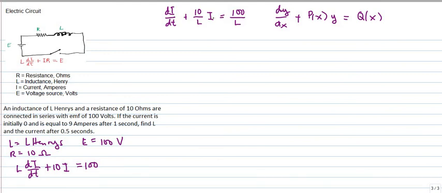Instead of y, we have I, instead of p of x, we have 10 over L, and our q of x is 100 over L. Since it follows this form, we're going to find our integrating factor, which is e raised to the integral of p of x dx.